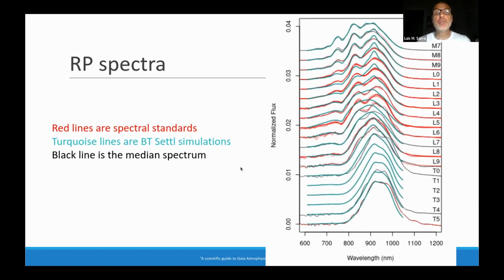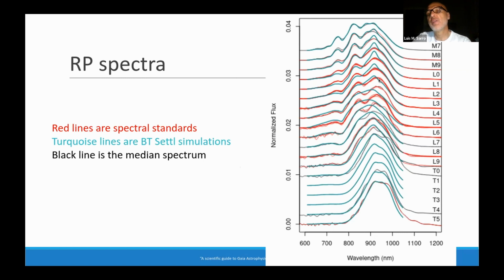This is a compilation of observed RP spectra on BT-Settl models that show a very significant discrepancy between the BT-Settl models, shown in blue, on the spectral standards and the median spectra, shown in red and black.